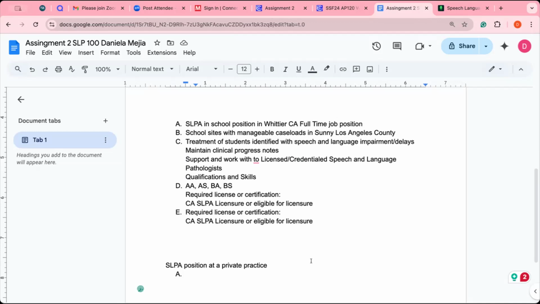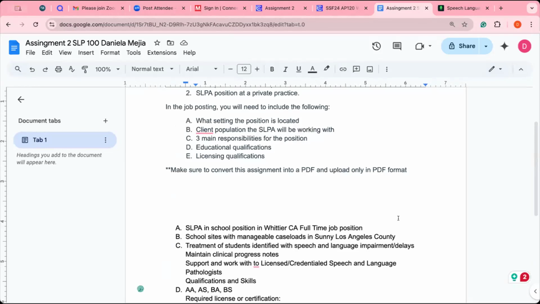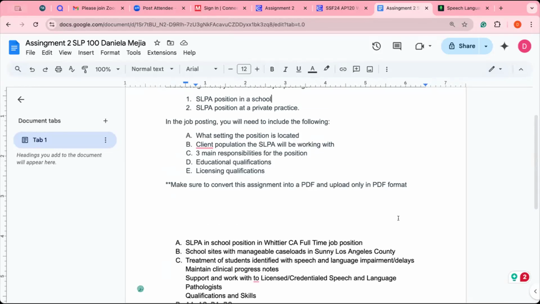Put up your other one that you did with the Google Doc so I can follow, because it's pretty much the same. It's just the setting that's gonna change.